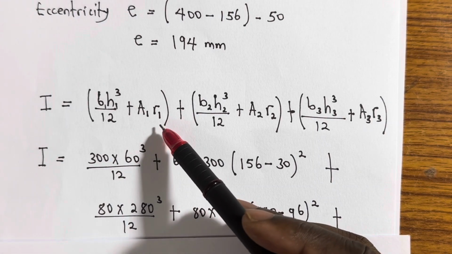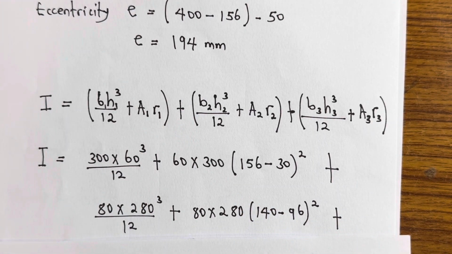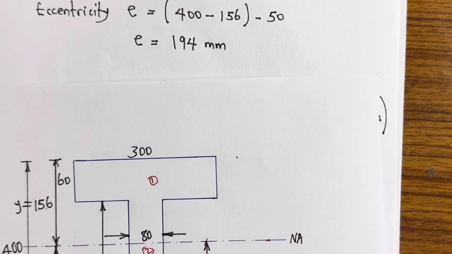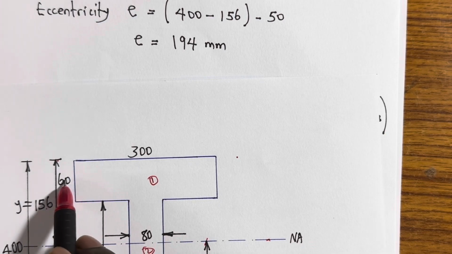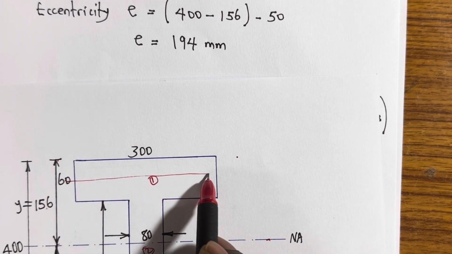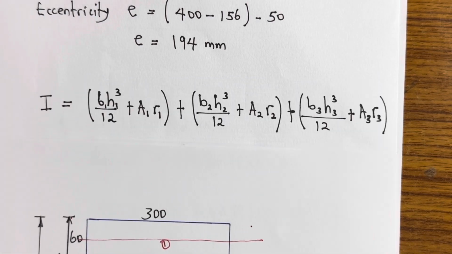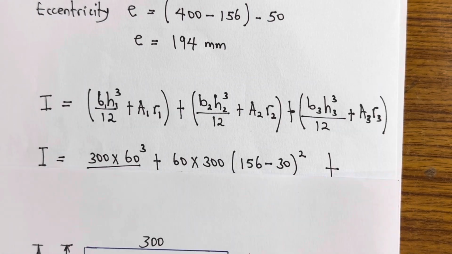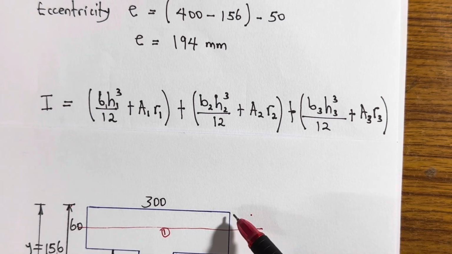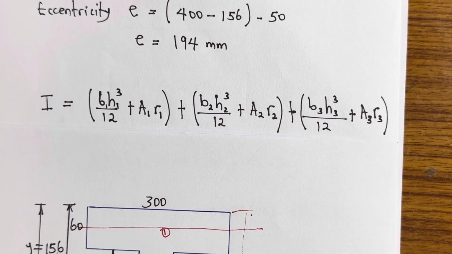A big question: how do we get R1, and what is R1? Since we have divided the section, the centroid of this first figure is different from the centroid of the overall section. You get it? So the R1 that we're talking of is the overall centroid, from here down to here, minus the centroid of this one when you're considering from the top.